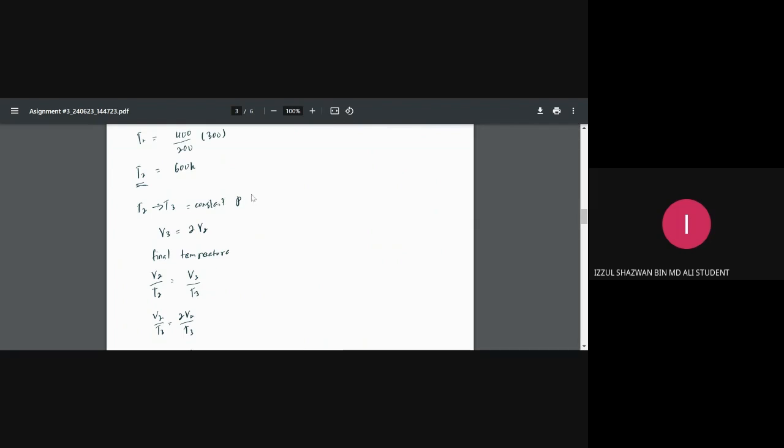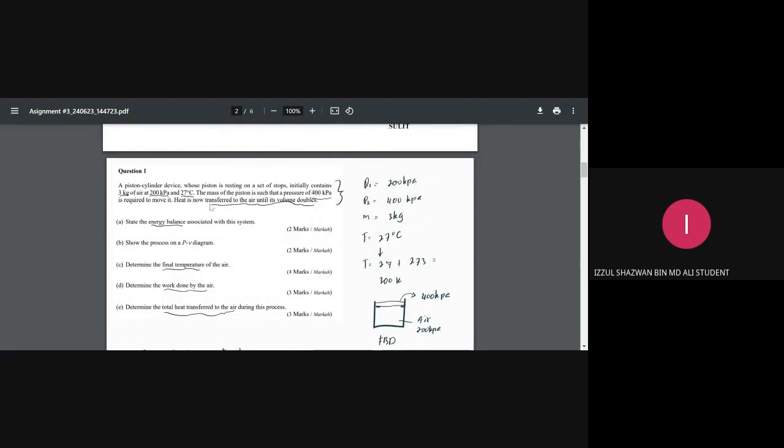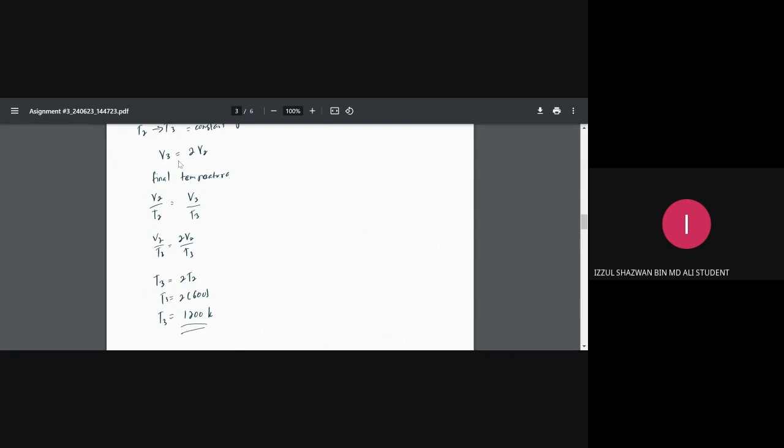So to find the final temperature, there is a catch in this part where at V3, it tells us that since now the piston can be moved, the volume of the air is double. So V3 is counted as twice V2.